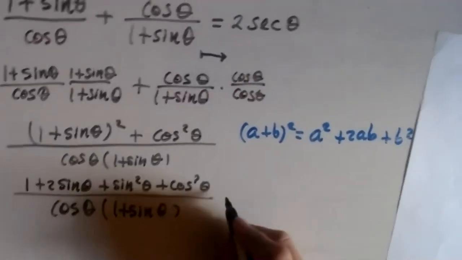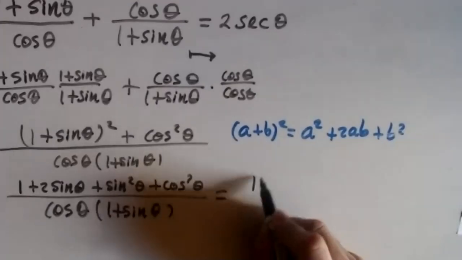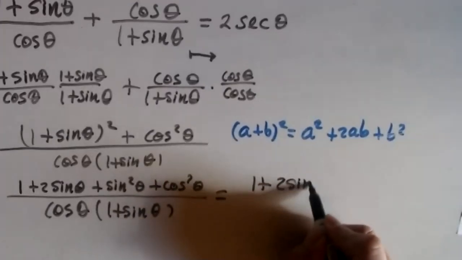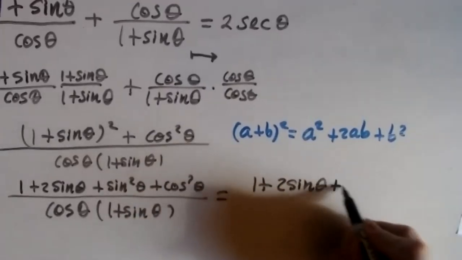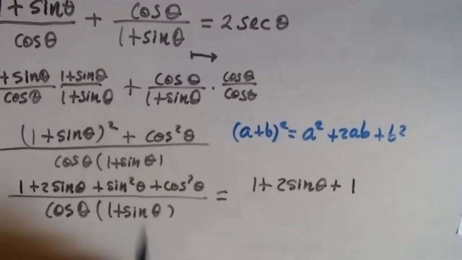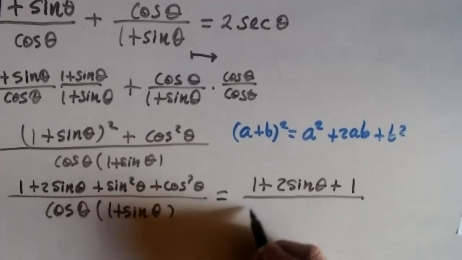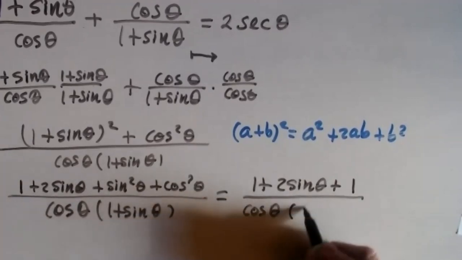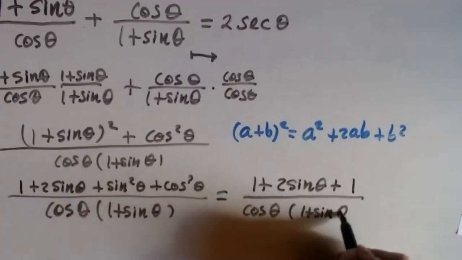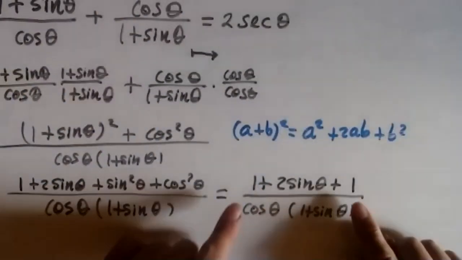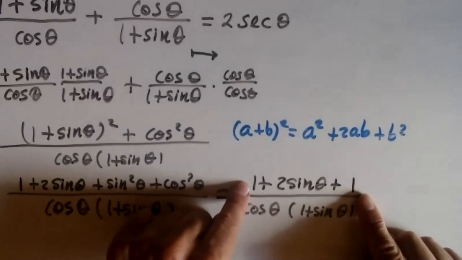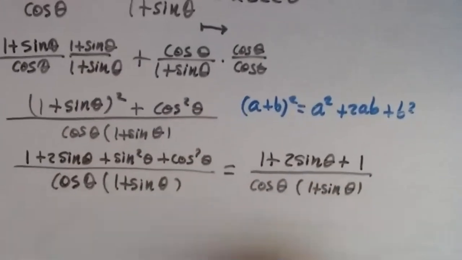So I'm going to put equals 1 plus 2 sine theta plus 1, because this cosine squared plus sine squared is 1, over cosine theta 1 plus sine theta. Okay. $1 million question. How much is 1 plus 1? 2. Okay, right, 2.